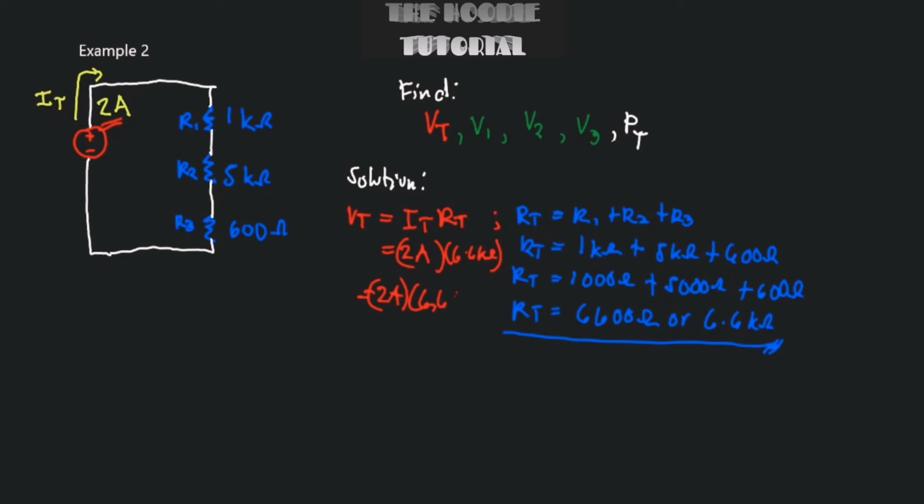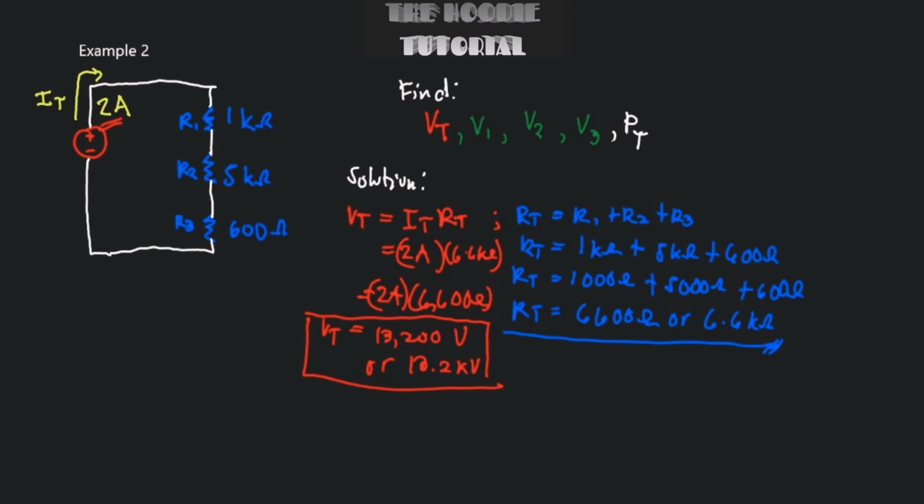So that would be 6600 ohms. So VT therefore is equal to, putting that into the calculator, 13,200 volts, or 13.2 kilovolts. So both are the same. Now we already have the total voltage.